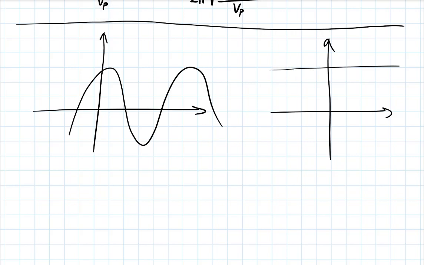Or actually, to be a little more accurate, I should say something like this. If I add these two, I get something like that output that I had. Almost a straight line with some ripples.